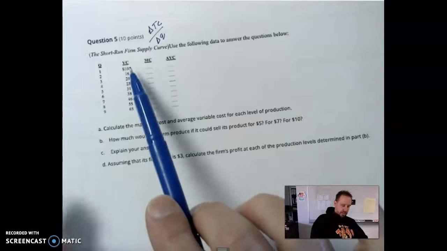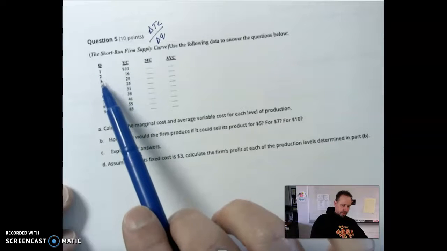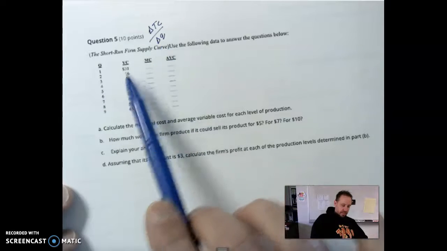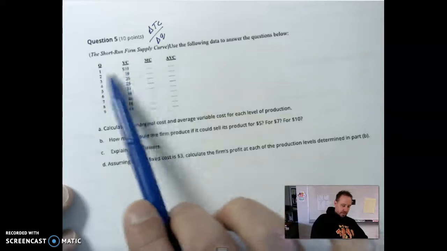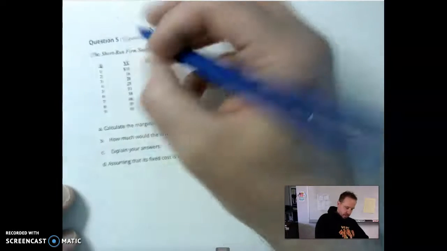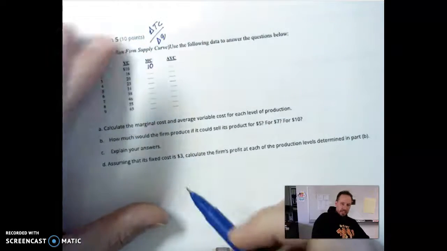So really we can look at the difference as we add 1 unit, and these are all going to be 1 unit of change. So our change in quantity is always going to be divided by 1. So for unit 1, our variable cost went up by 10, so our marginal cost is going to be 10, right?